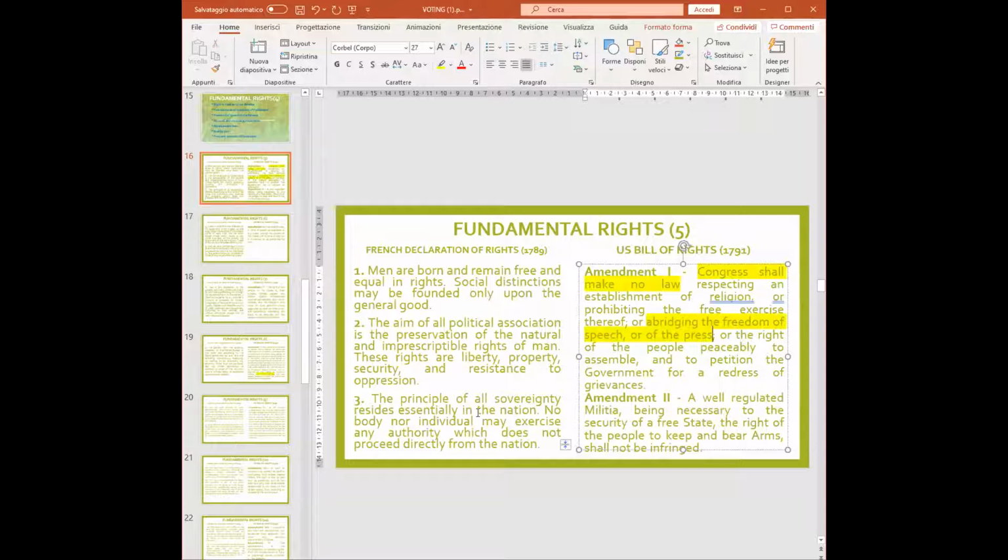Now, what does this mean? This has been read mostly, I wouldn't say 100%, but I would say 95%, as an absolute impediment to Congress to legislate in the field of freedom of speech and of the press, which must be, as the US Supreme Court says, wide, uninhibited, and robust. So this is what the US Supreme Court says.